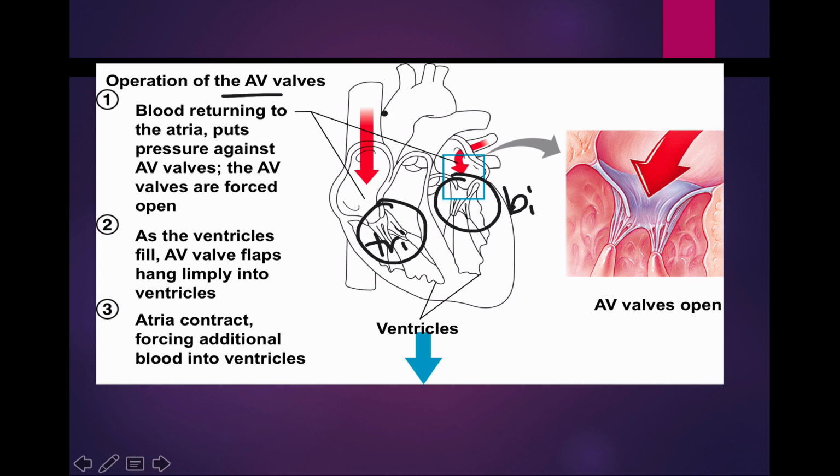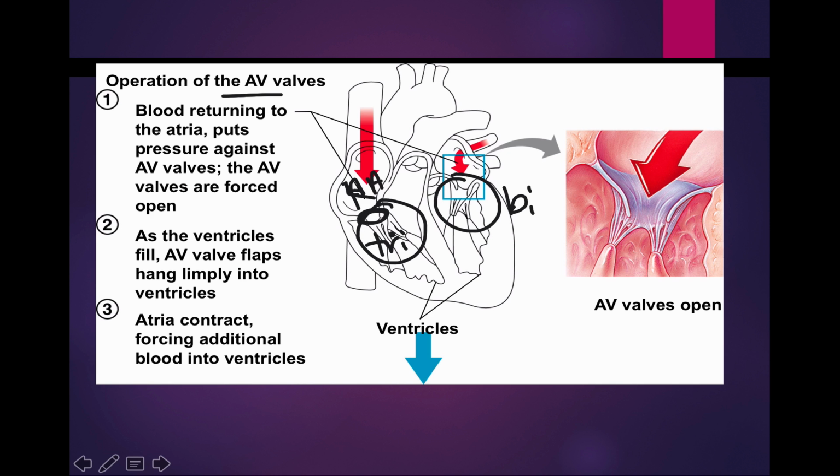So blood that's returning to the atria is going to, so here's the atria. This is the right atrium there. So basically, as blood goes into that right atrium, it's going to put pressure along this part of the valve. The AV valves are going to be then forced open.